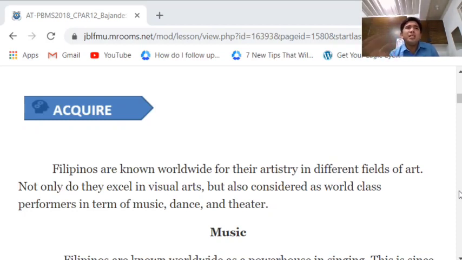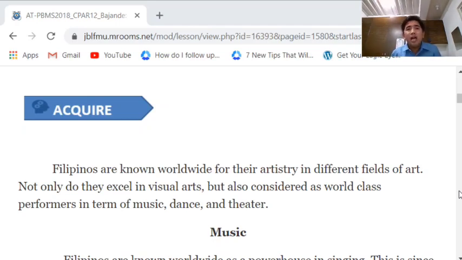You have to take note that music in the Philippines developed gradually, step by step, because of a lot of influences coming from the different colonizers and different races that inhabited our land.